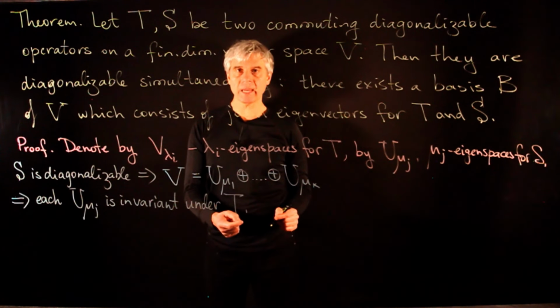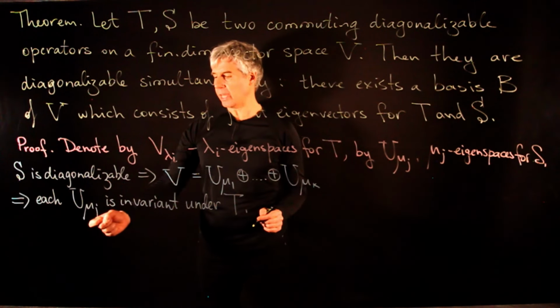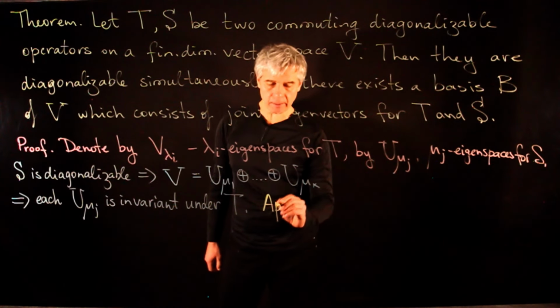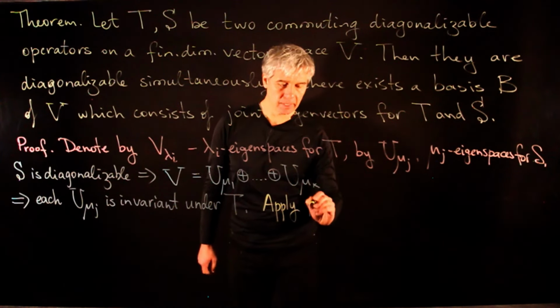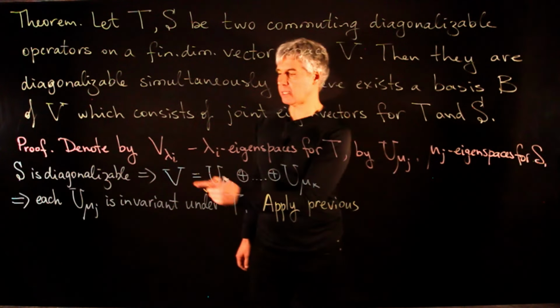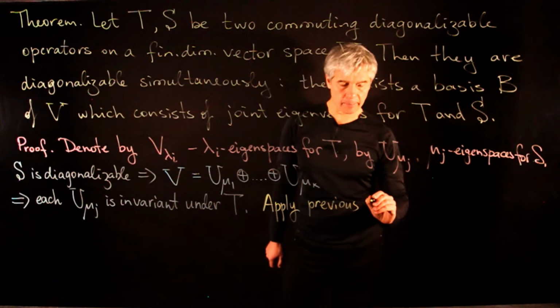Now T is a diagonalizable operator, and we have an invariant subspace. So we apply our previous theorem that described invariant subspaces for diagonalizable operators.